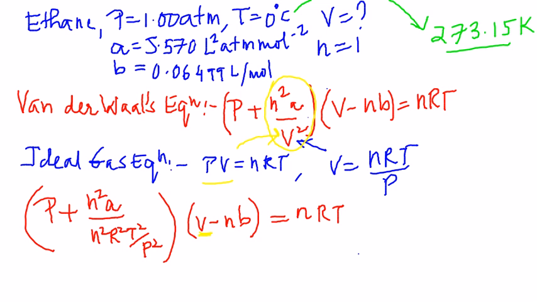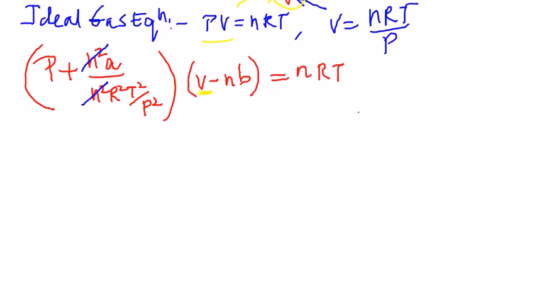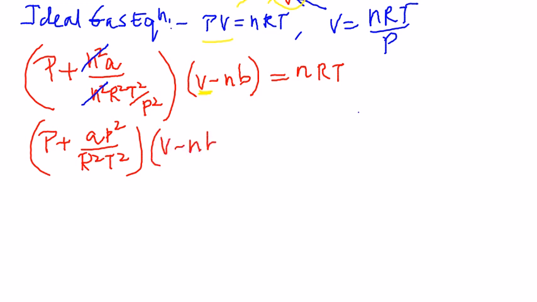So now if you look at this carefully, you can cancel out n square and n square from here, which would give you P plus a P square divided by R square T square, times V minus nb is equal to nRT. Okay, so now is the time for us to start substituting the values.